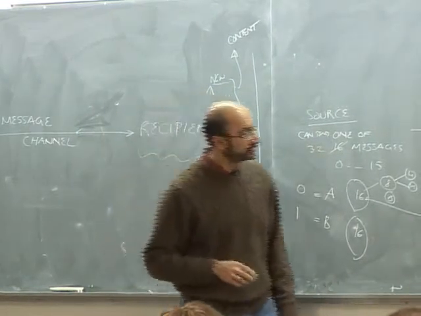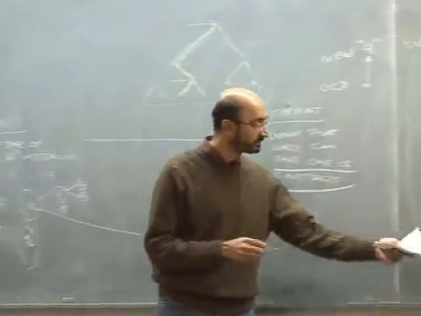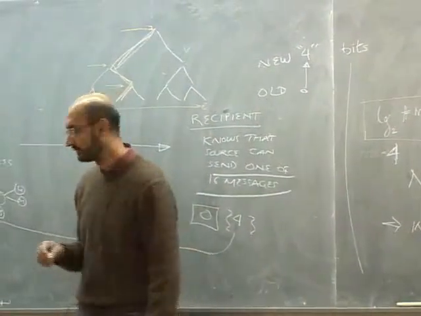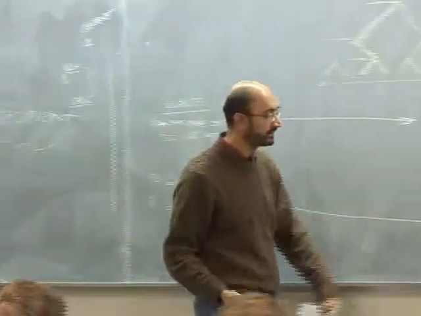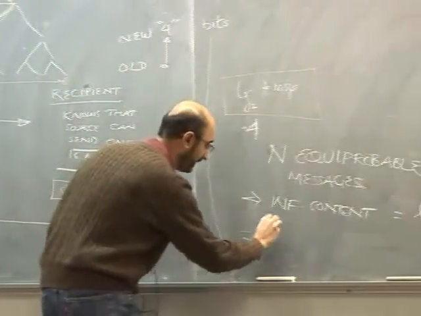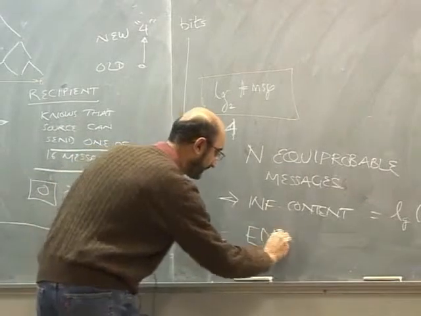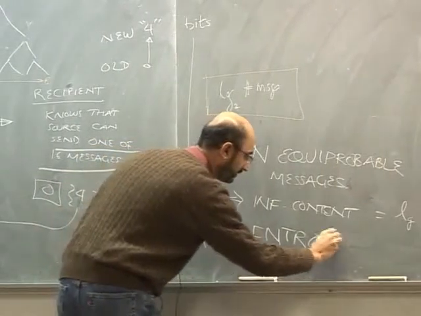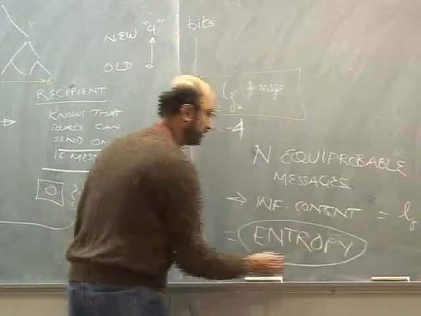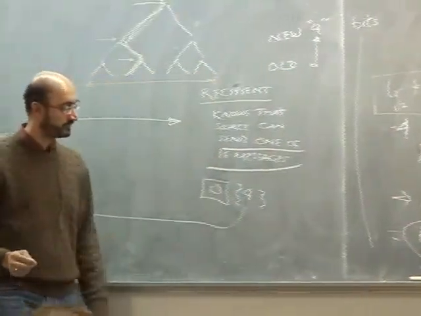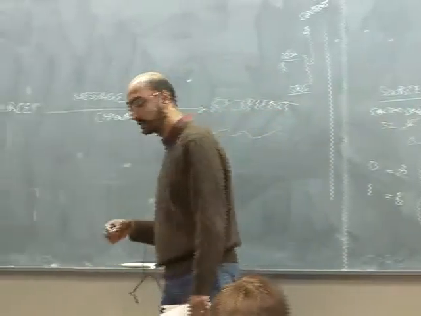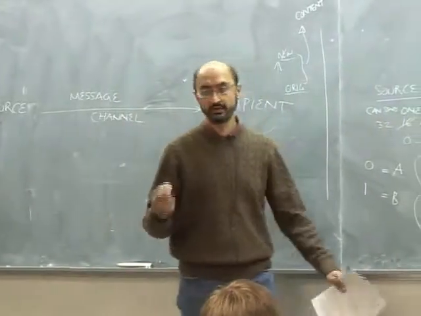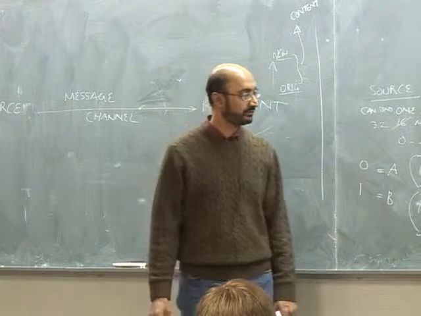So that's the first step in this path, where we say, if you have n equiprobable messages, the information content is log n, and we give it the name entropy. Claude Shannon chose this word to relate to the notion of entropy in chemistry, and also in physics.